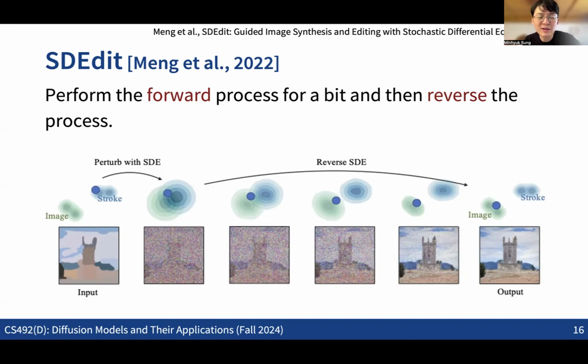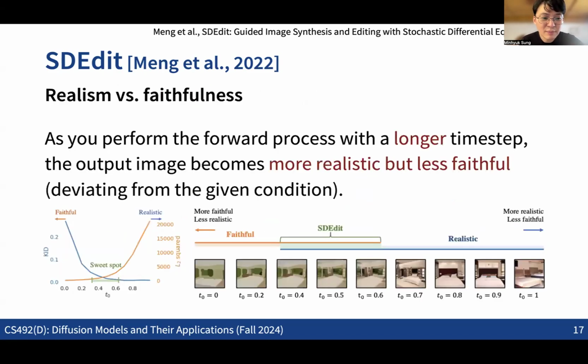If we think about the forward process that we discussed last time, if we run it for the entire time range, whatever images you have will all be mapped to data points of the unit Gaussian. And all the samples from the unit Gaussian distribution will be mapped to realistic images. So if we want more realistic images, we can add noise in the forward process for longer time steps, and also run the reverse process back over the longer time steps.